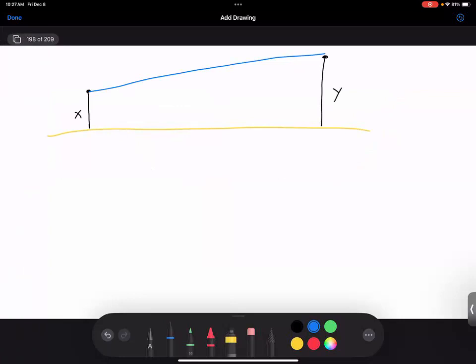Do you agree that there's got to be some horizontal distance where if this distance is sufficiently large, then we're indifferent between doing the straight line and then going down horizontally and up? This is infinitely fast on land. So we'll say v land equals infinity. And then this is the land distance.